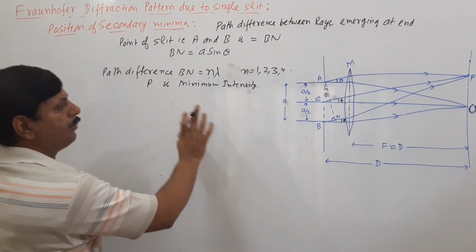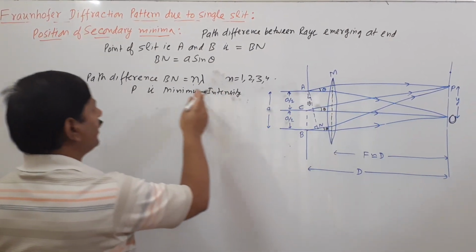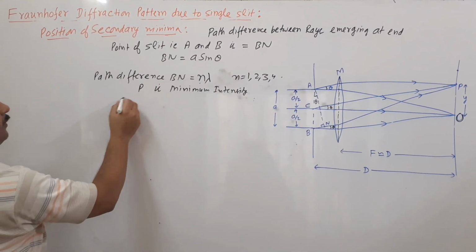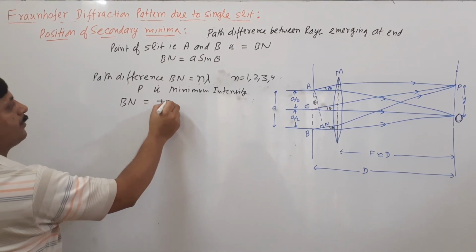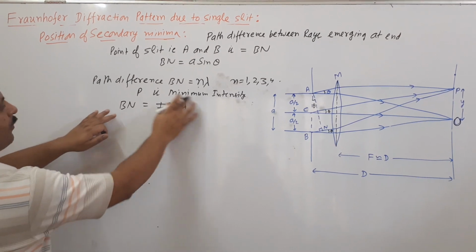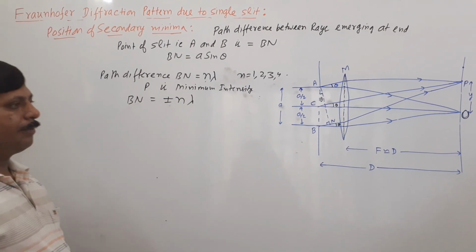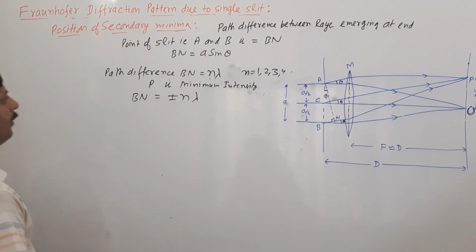See here, P is minimum intensity. This point P can be upward and downward, so we can take path difference Bn equal to plus minus n lambda, where n is 1, 2, 3, 4. So when path difference is equal to plus minus n lambda, that will be the position of secondary minima.